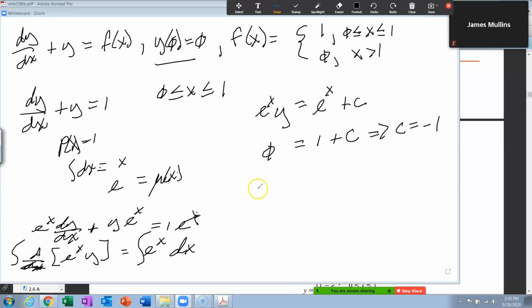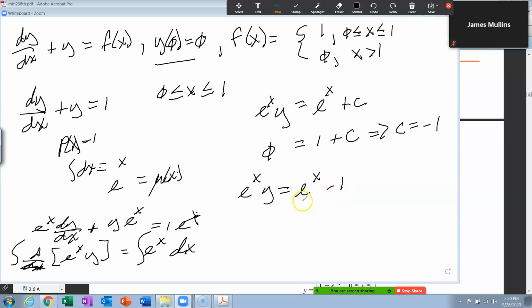So your solution here is e to the x y is equal to e to the x minus 1. I really don't like to do it this way.